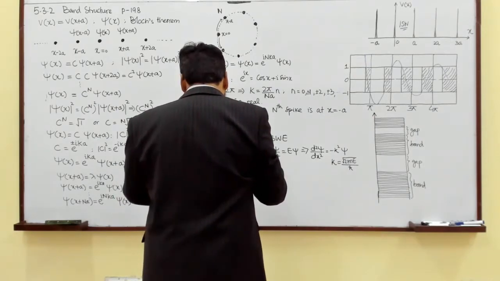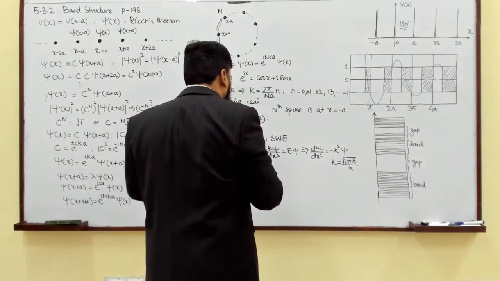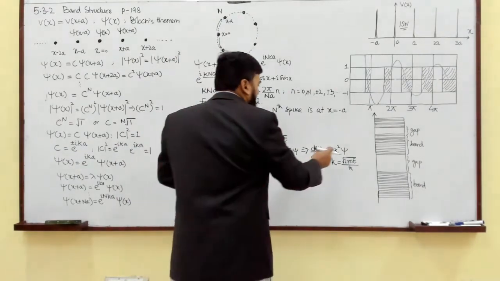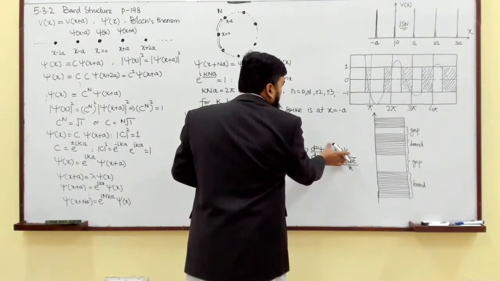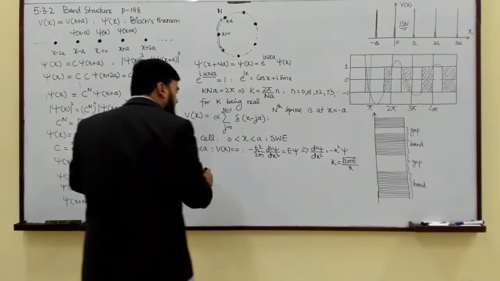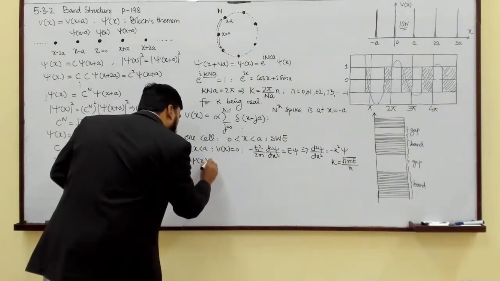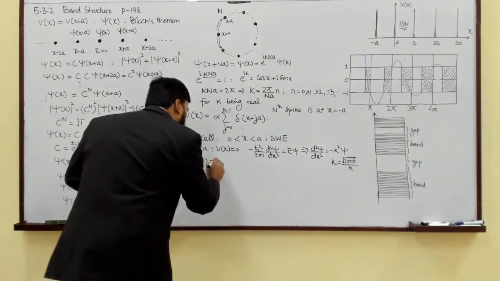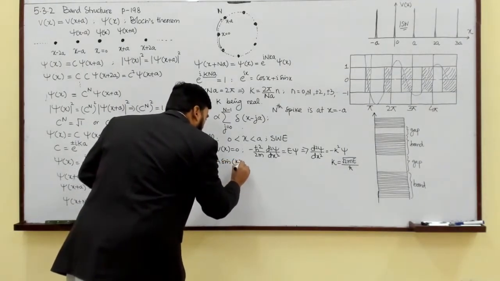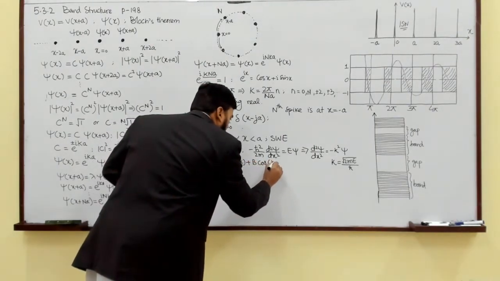Now we will have to solve this equation, and we have already solved this equation in many topics inside this course. So the solution of this is psi of x in the form of sine and cosine. I will write A sin kx plus B cos kx.